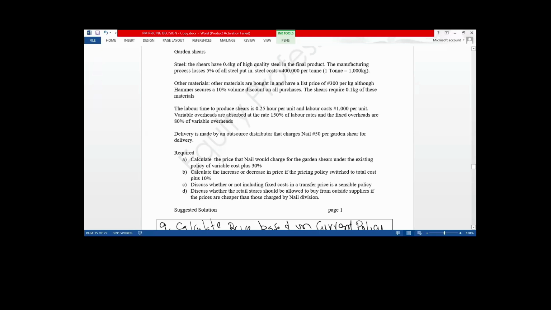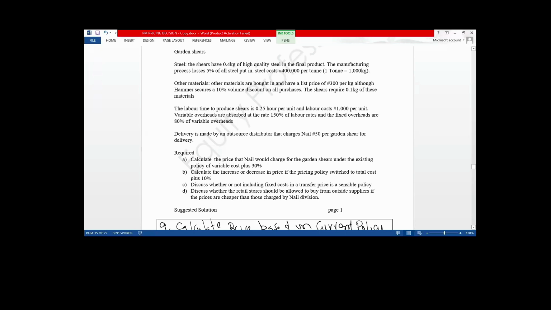We are still going to get to the topic of transfer pricing, where you have two divisions within the same company. We have a division that manufactures chairs. Now, it transfers this to the retail store for sale. Will it be sensible to include your fixed cost?